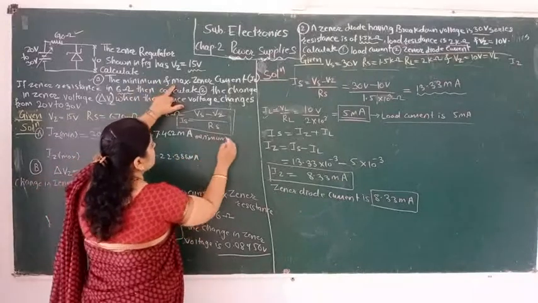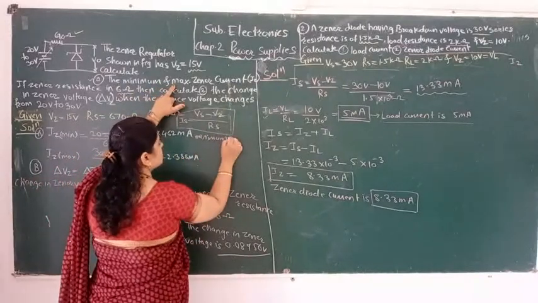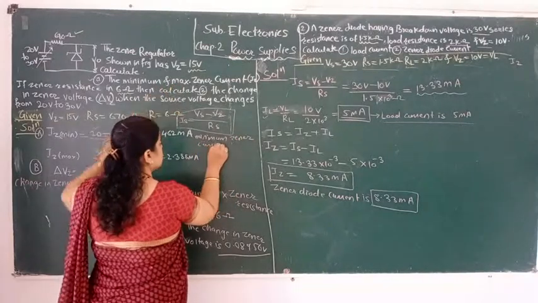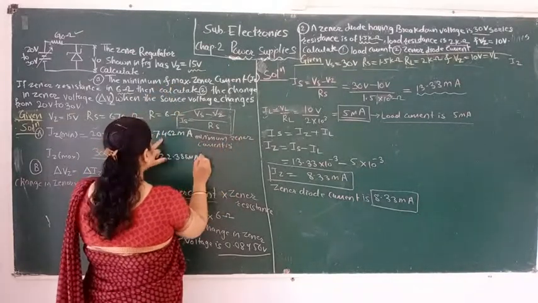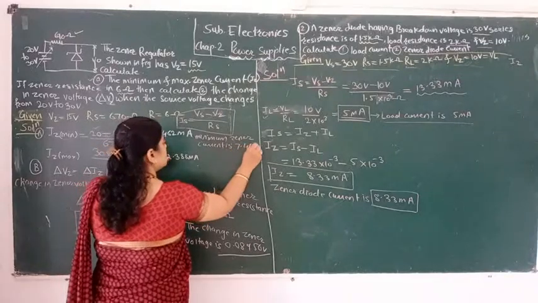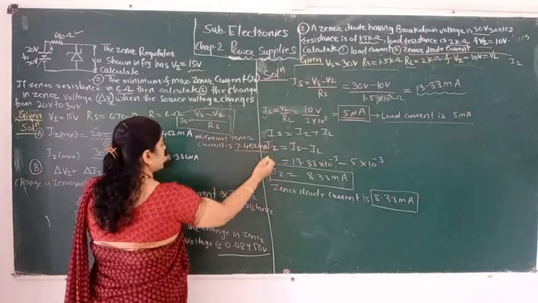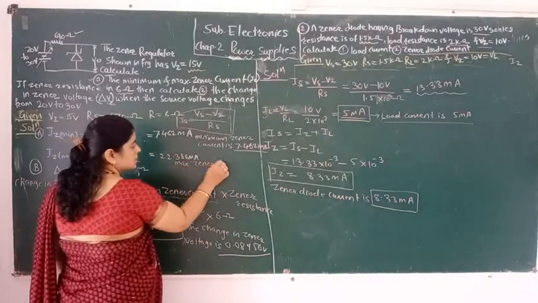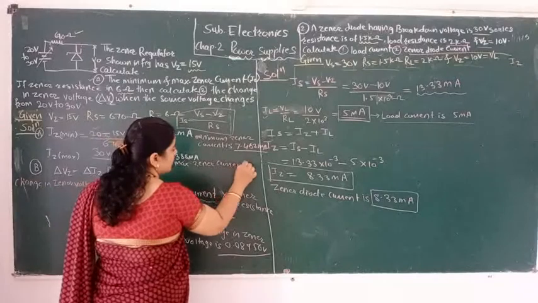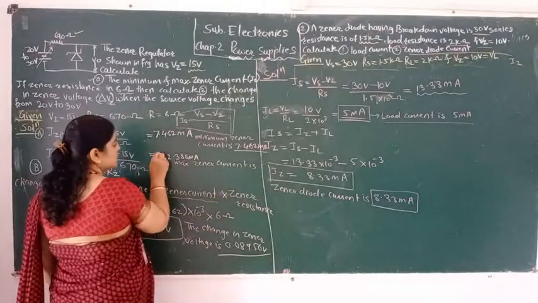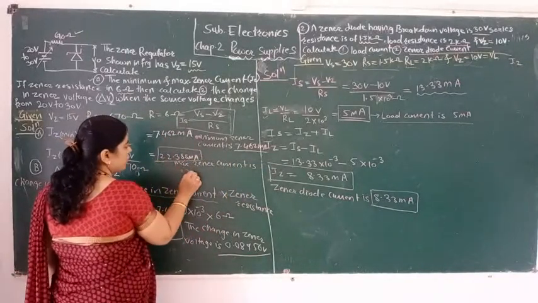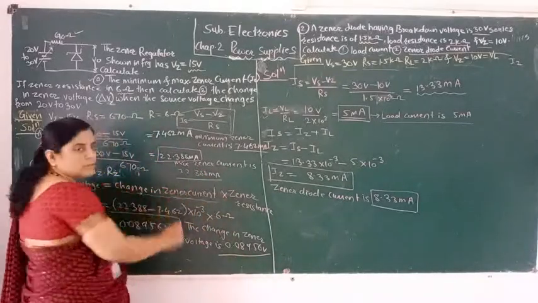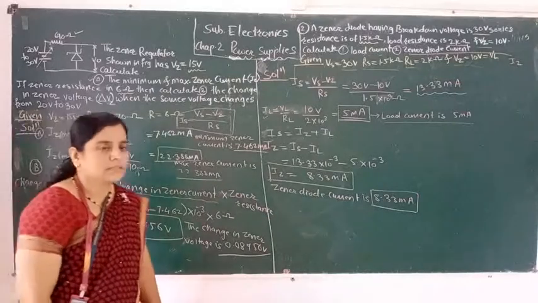Minimum Zener current is how much? 7.462 milliampere, and maximum Zener current is how much? 22.388 milliampere. Such types of examples may be asked.